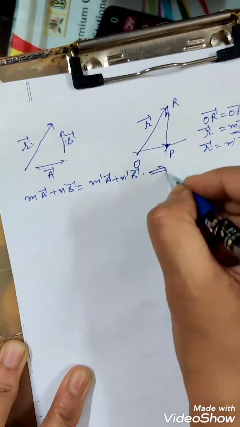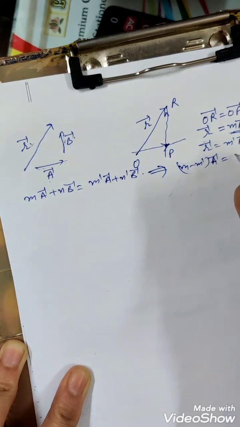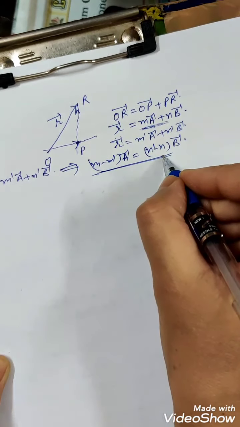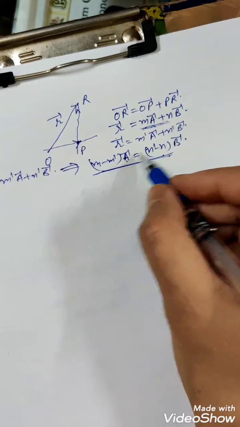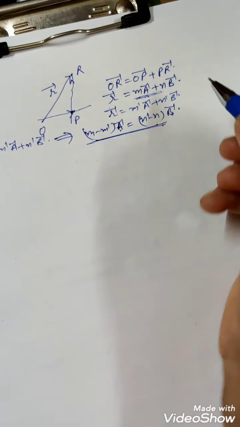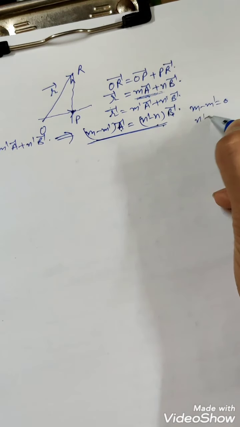How do we write this? (m minus m dash) A vector is equal to (n dash minus n) B vector. But to justify this, either the A vector or the B vector should be a zero vector, but they are not zero vectors. It means m minus m dash is 0 or n minus n dash is 0, so m is equal to m dash or n dash is equal to n.